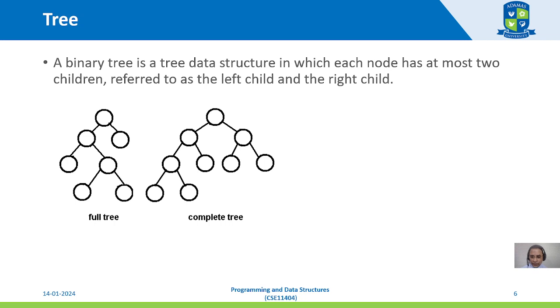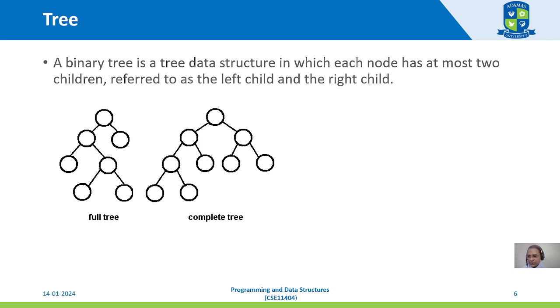When we see the complete tree, we can see that the left child is completed, meaning we do not have any incomplete root node on the left where we do not have any child.